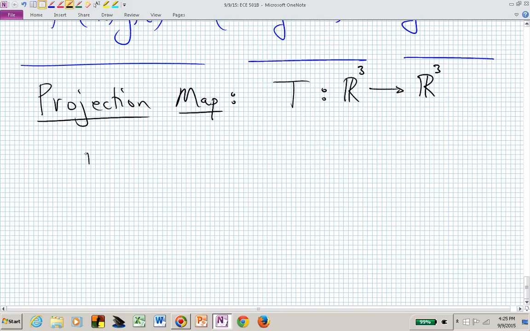For example, maybe T of xyz. We're operating with this linear map on this point xyz in three-dimensional space. Let's say that we want to just project down orthogonally in the z direction.